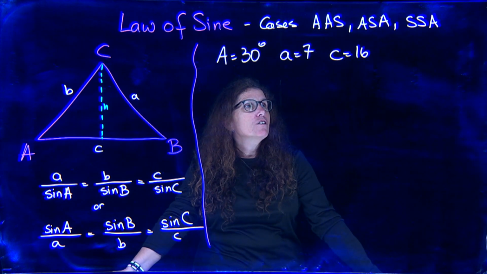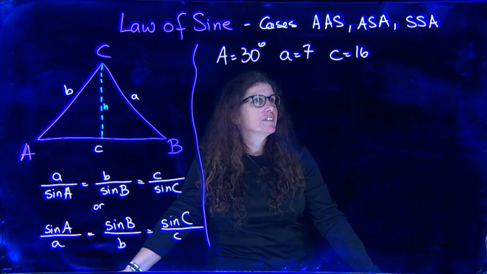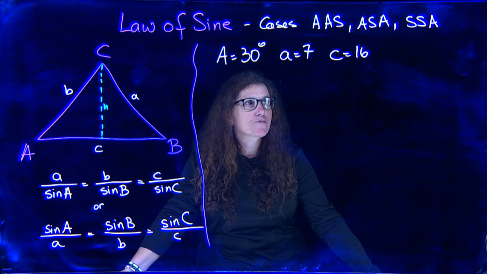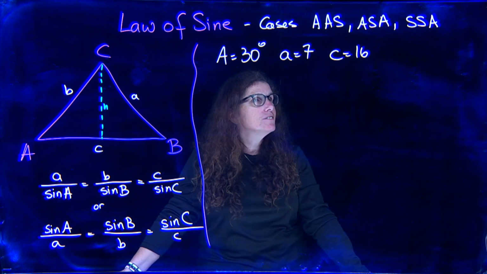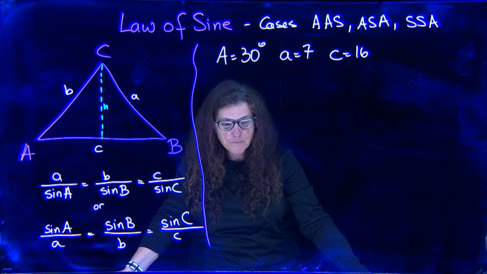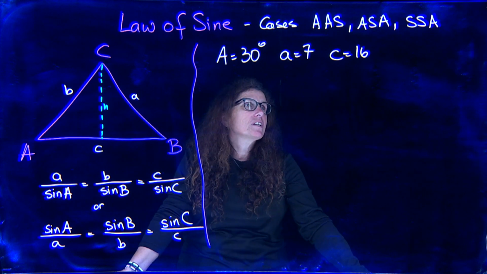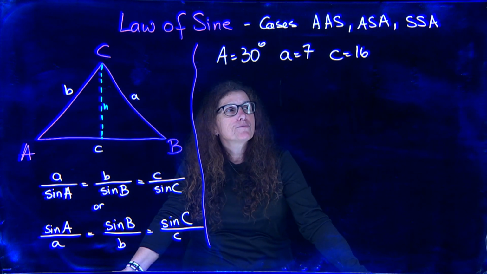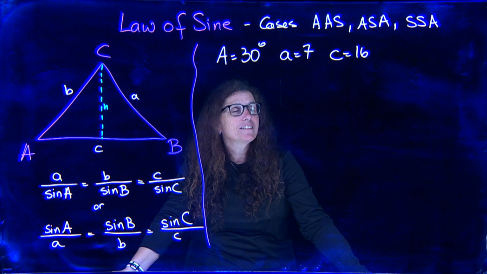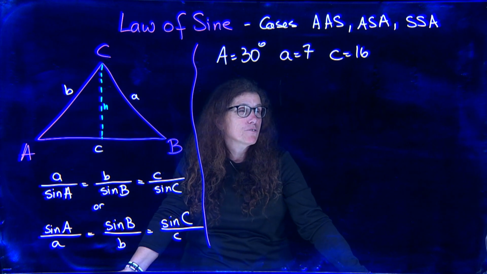Okay, now we're looking at the case where we have two sides given and one angle. And with this case, we could run into some trouble. There could be some ambiguous cases where you try to solve for the missing side and you have no triangle whatsoever.